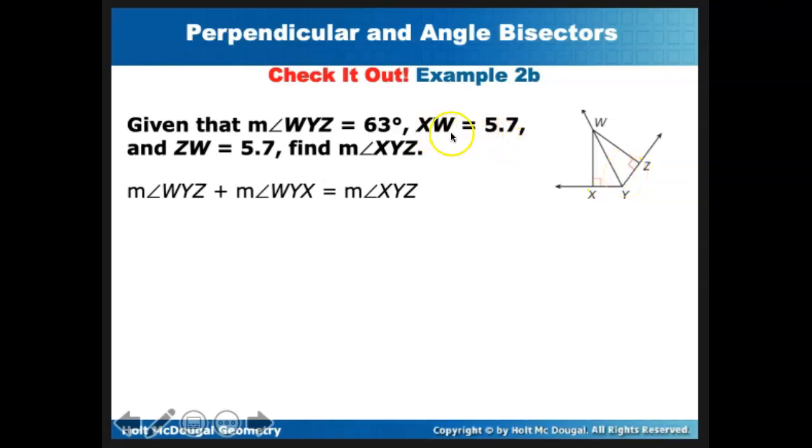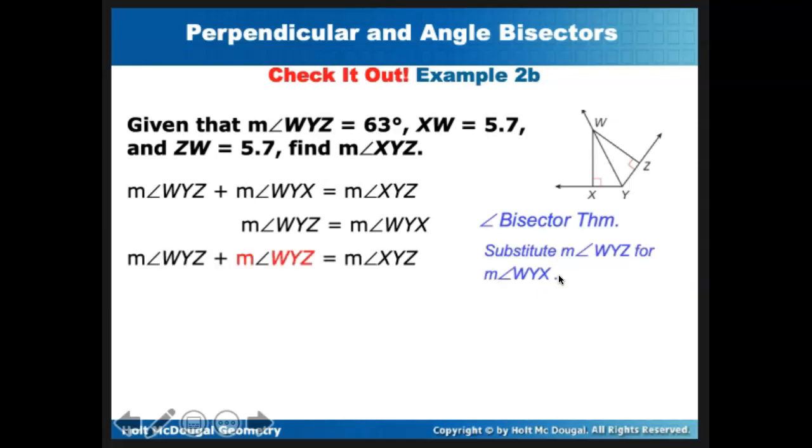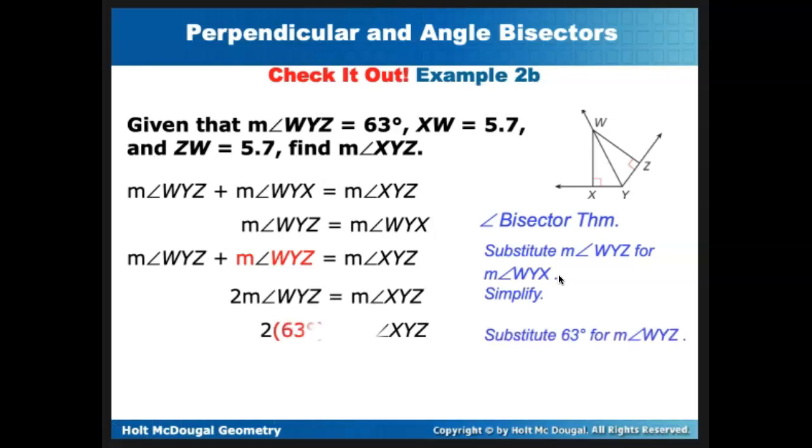And this other information is given to us so that we know that we can apply the angle bisector theorem, even though now they've added some more and it looks a little different. Still the same thing. And just substituting in, we get 126 degrees, which of course was just doubling the 63 degrees that we were given.